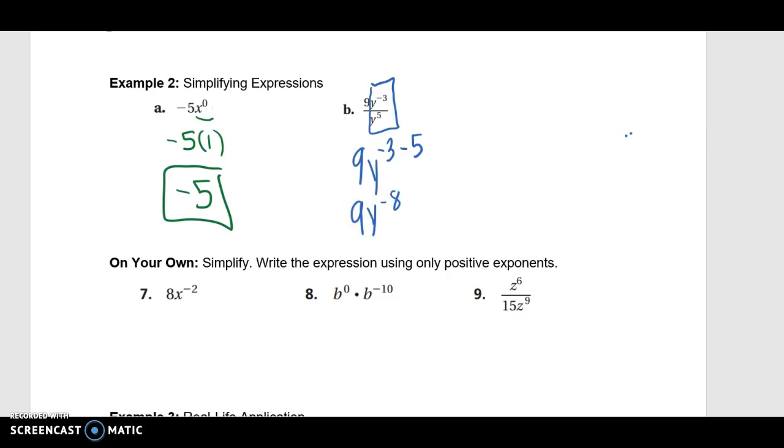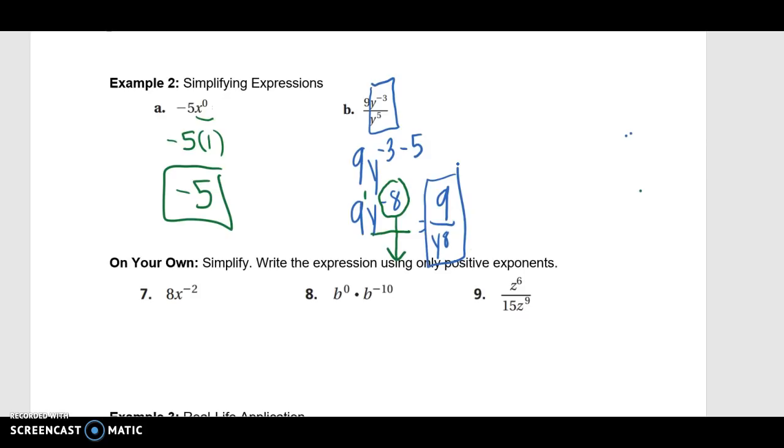Since that 8 is negative, you have to bring this exponent and your y below your fraction bar line. Your 9, technically, remember, always has an exponent of 1. Whenever you see a letter or a number that does not have an exponent, you can always assume that it's a 1 right there. So in order to write this correctly, you will have 9 over y to the 8th power.